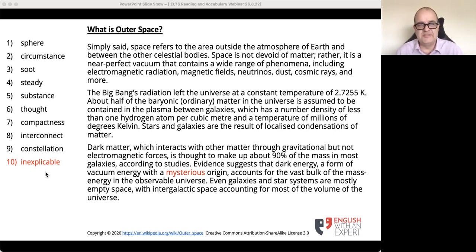It's inexplicable why world governments have not tackled global warming yet. It's inexplicable why more people are not taking action to save the environment. And mysterious, meaning something that cannot be understood or explained. Excellent.